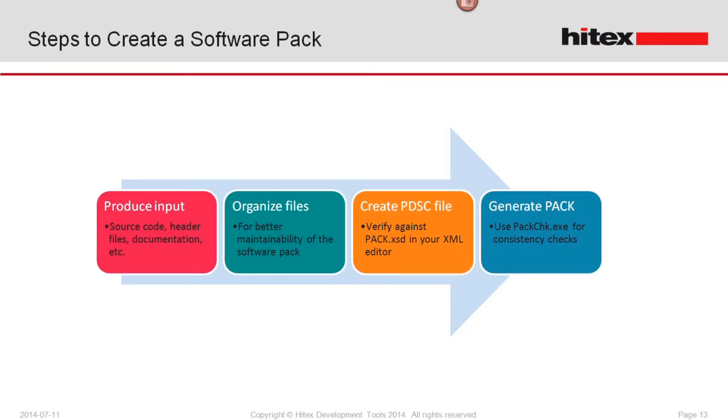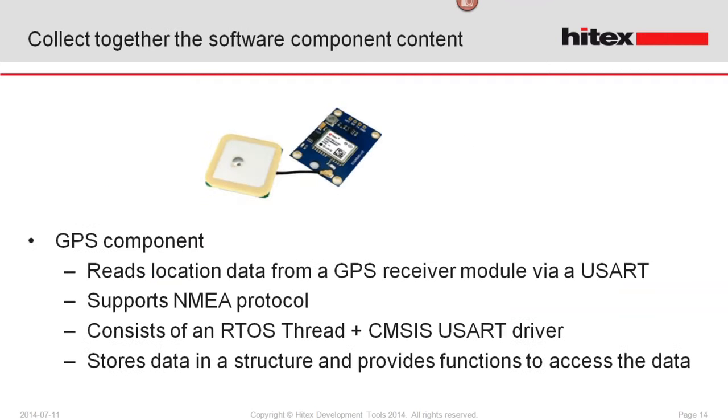So this is the XML file that is used to describe the contents of our pack. Then finally we have a simple pack generation utility which will examine the pack description file against the files. If it decides it's okay, it will then create our pack for us, which will then be ready to use. So a few simple steps to create our software pack.